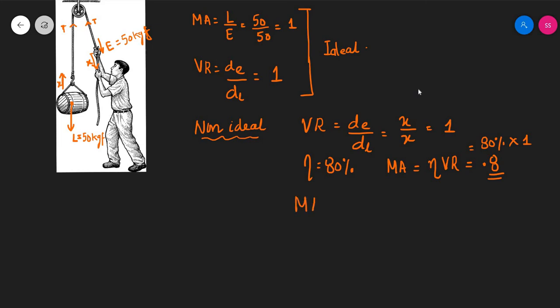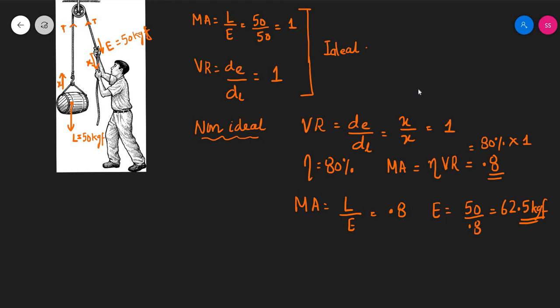Hence your mechanical advantage, load by effort, is equal to 0.8. So your effort would be a little more than your load, which is 50 by 0.8, equal to about 62.5 kilogram force.